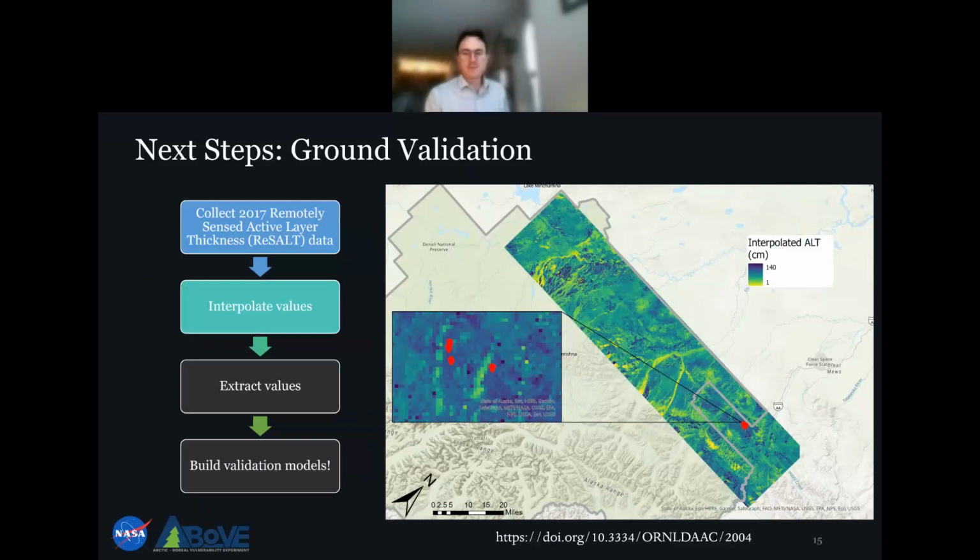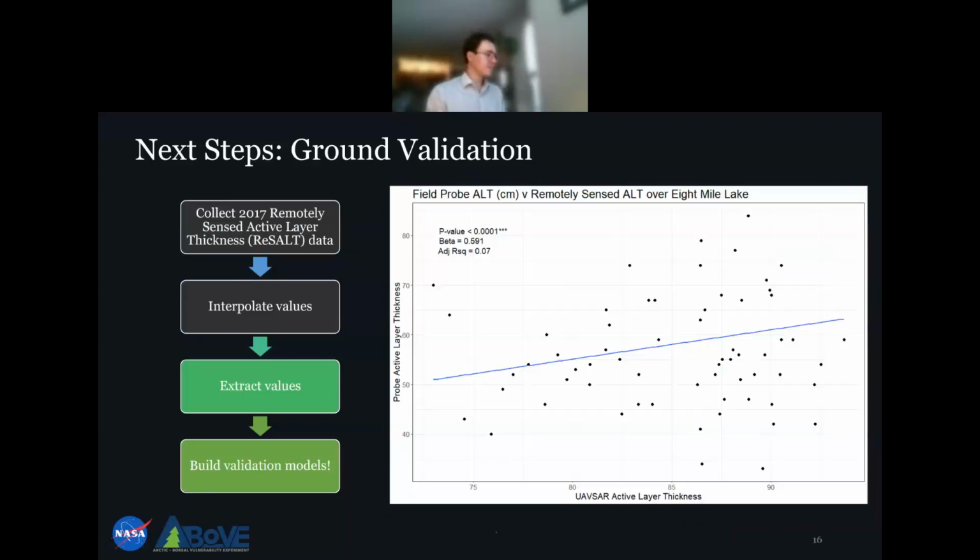And so I interpolated the rasters using inverse distance weighting, which is an algorithm that basically guesses the value of an empty pixel using a weighted mean of nearby pixels. And then I extracted those values into a data table so that I could model them against field data.